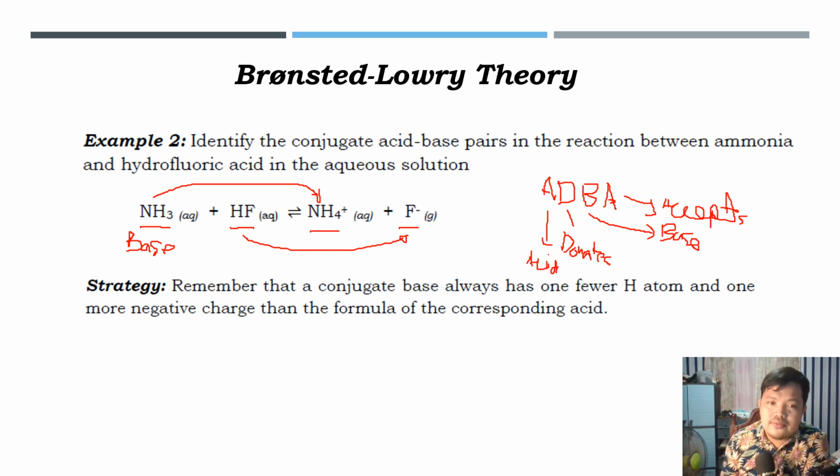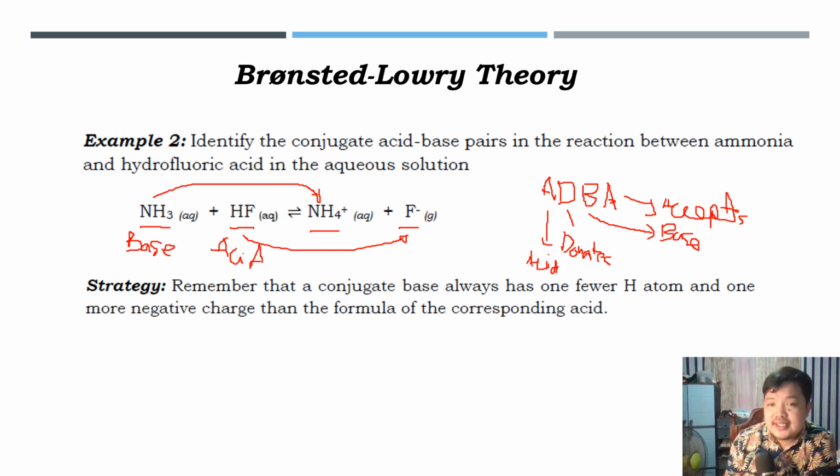And so, since ito yung base, obviously, ito na yung acid natin. Tingnan muna natin. Ito naman na HF, nung sa kabilang reaction, nawala yung H. Ibig sabihin, nag-donate siya. Kaya obviously, HF is our acid. Okay.